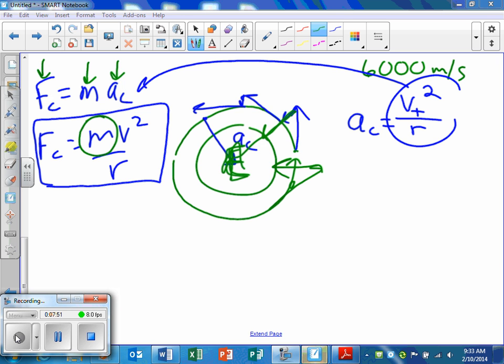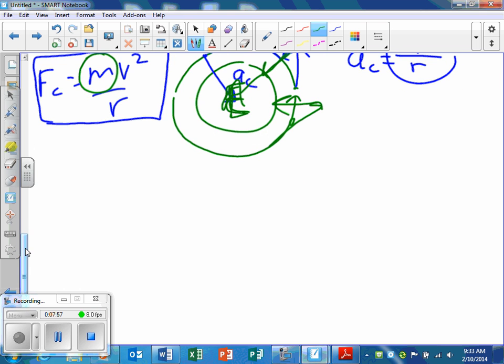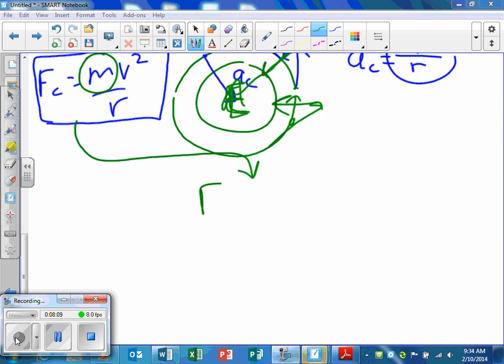Okay, so let's see. We also defined then what is the force centripetal? Like the actual force centripetal that's causing this satellite to stay in motion is... Grant. Gravity, correct. So the force of gravity is causing this force centripetal. Do you guys agree?